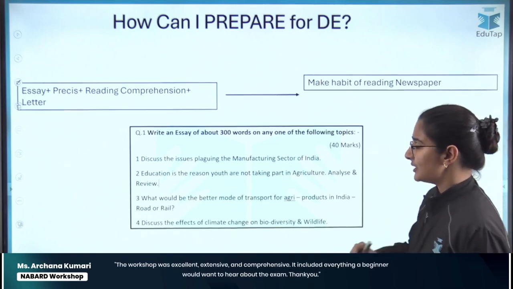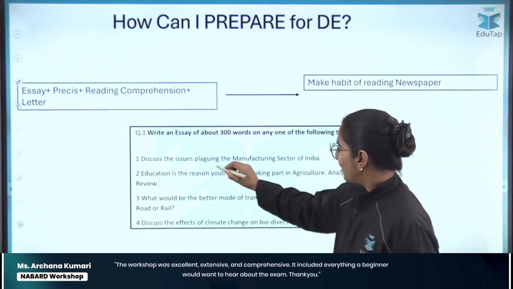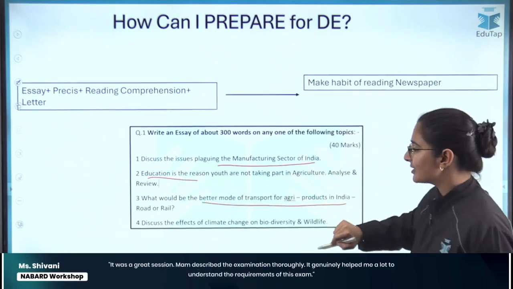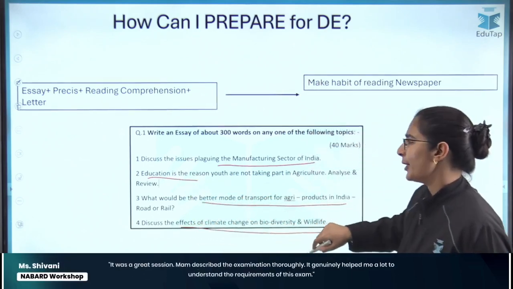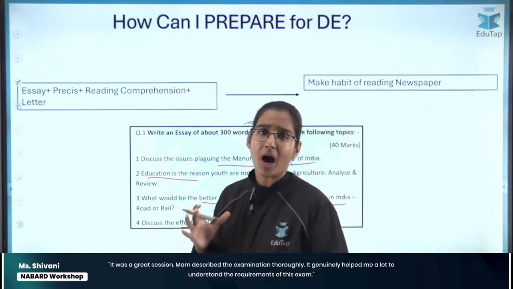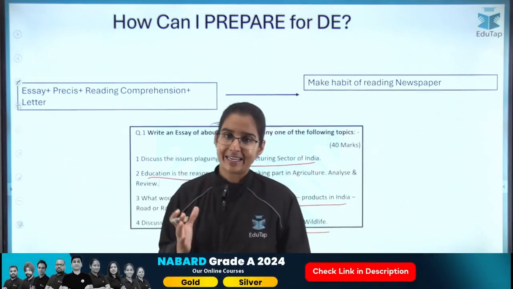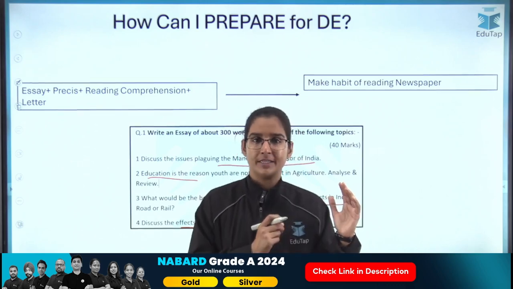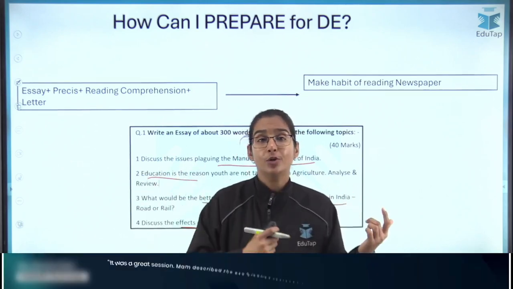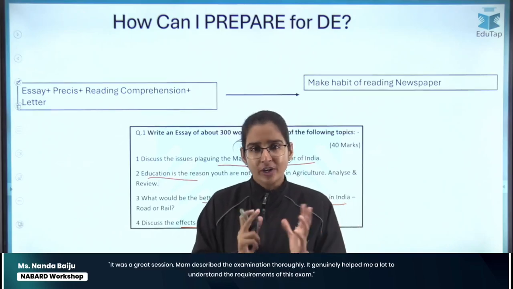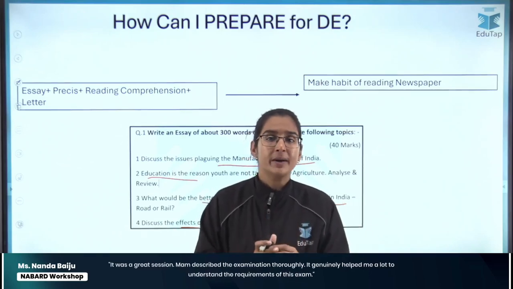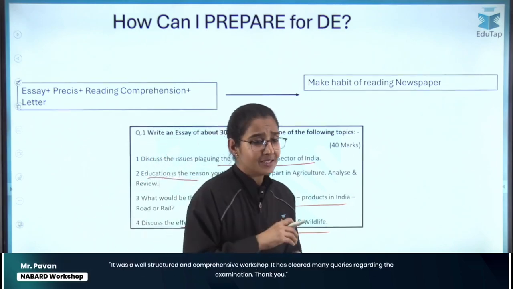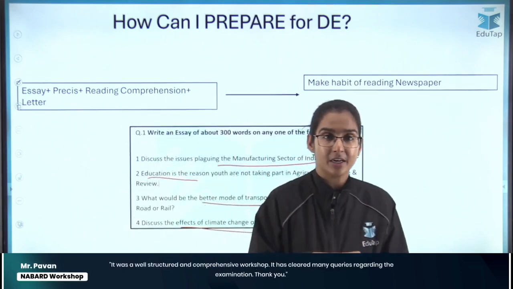And students, the topics being asked here, manufacturing sector, education, better mode of transport for agriculture products, effects of climate change on biodiversity, are topics you are going to study in your ARD and ESI also. It's just that the kind of structure you use changes: there you are writing an answer and here you will be writing an essay. Otherwise most things remain the same as far as the essay part in descriptive English is concerned, right?